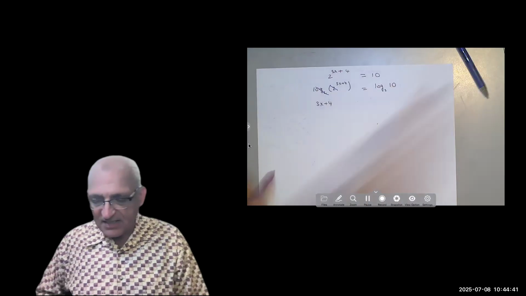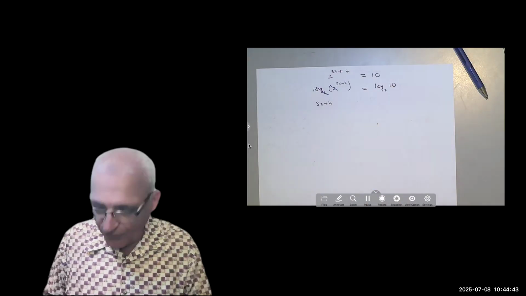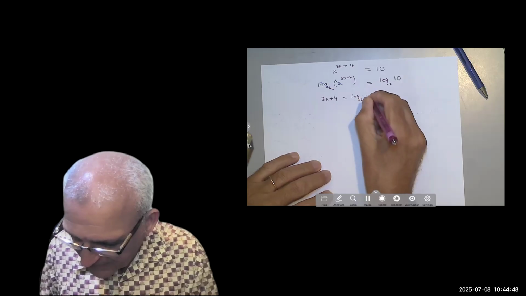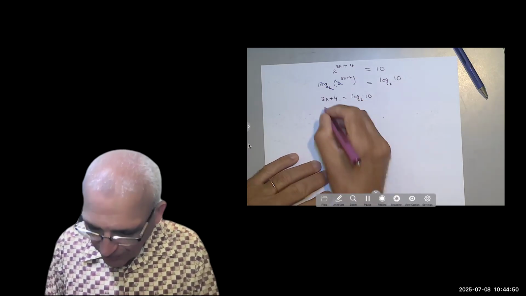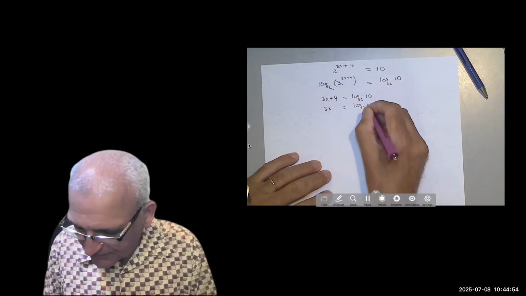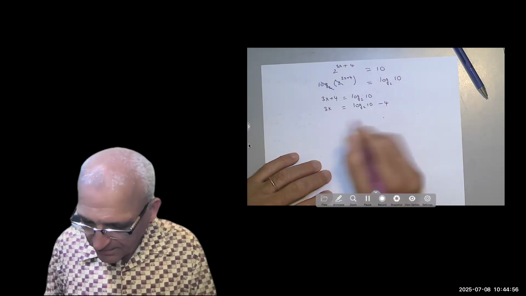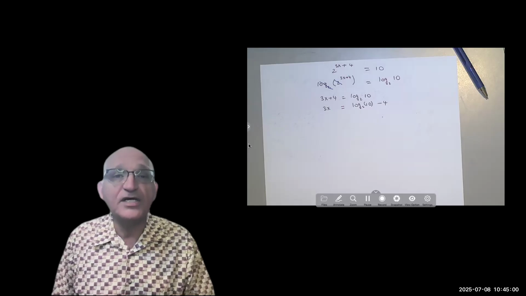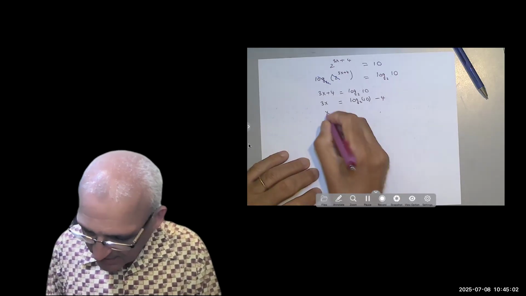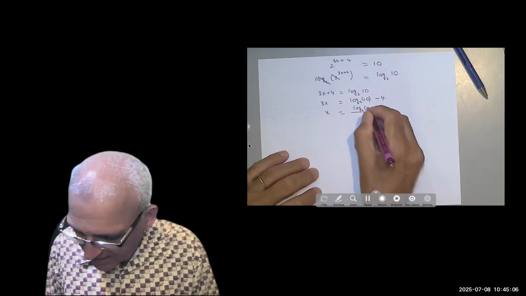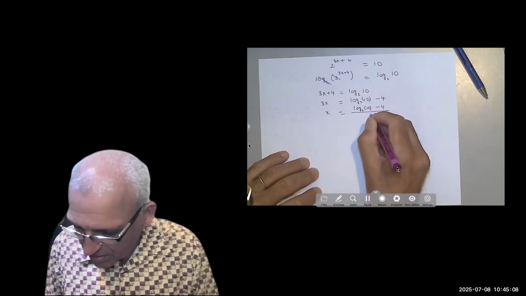And the left-hand side is just 3x plus 4 equals log to the base 2 of 10. So 3x equals log to the base 2 of 10 minus 4. Let me put parentheses so you don't think the 4 is subtracted from the 10. And finally, x equals log to the base 2 of 10 minus 4, over 3.